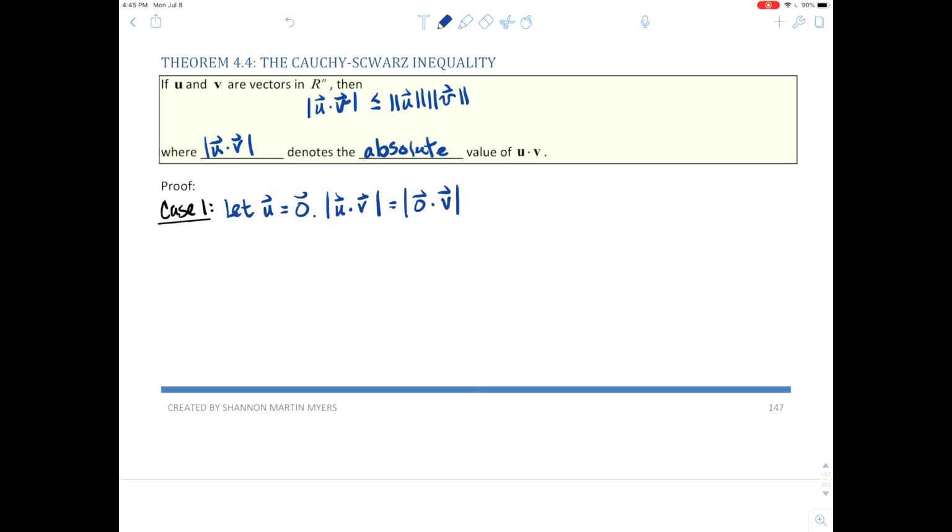But what is that? That's going to be the absolute value of 0, which is 0. And that means that the magnitude of u times the magnitude of v would be 0 times the magnitude of v. Remember, the magnitude of v is just a scalar, so that's going to be 0. Cool? Well, 0 is less than or equal to 0, so we're done with that part.